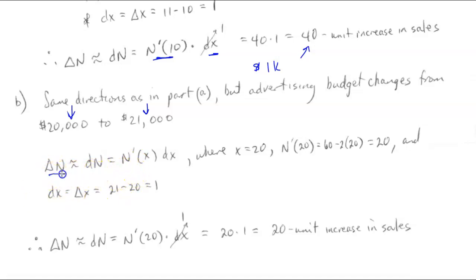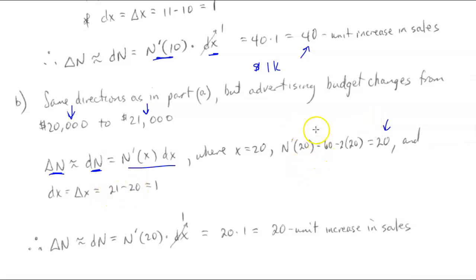We know that the actual change can be approximated by the differential, which is going to be the derivative of our units function times dx. In this case, we went from 20,000 to 21,000. So we have to evaluate the derivative at 20, which is going to give us 20 here.